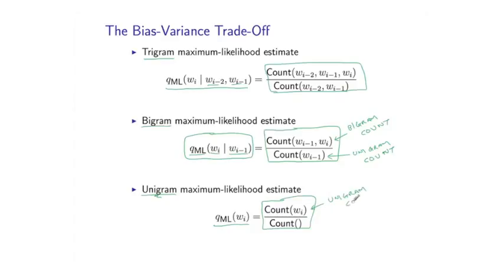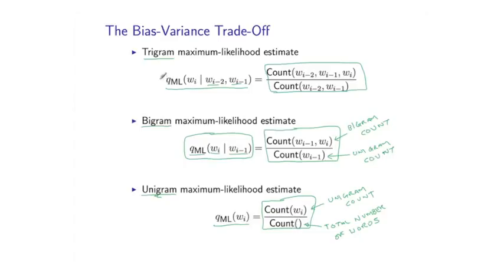That's simply the number of times I've seen the word wi in the corpus. And on the denominator, this expression here is going to be the total number of words in the corpus, so the total number of words in our training data. So this is simply a ratio of the frequency of the word wi to the total number of words I've seen in my corpus.